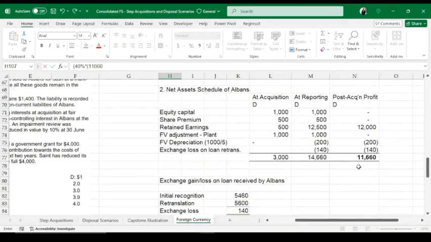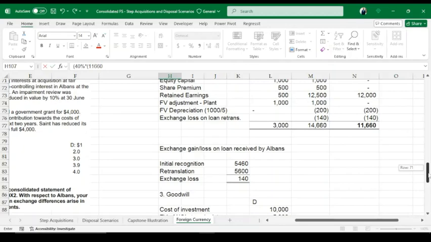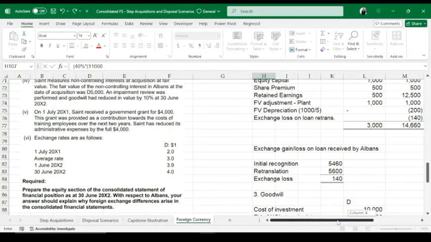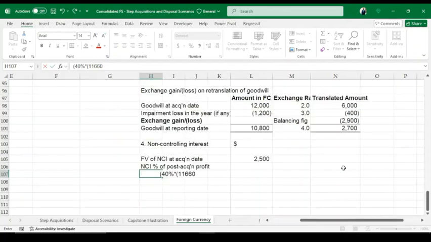This amount is in dollars. We are going to translate it into dollars for the purpose of calculating our non-controlling interest. So the amount there is a profit item. So you are going to use the average rate of $3. It's a profit or loss item, so you are going to use the average rate. So we come here and have divided by 3, which is the rate, and then we can close that. Okay, so that is what we do.